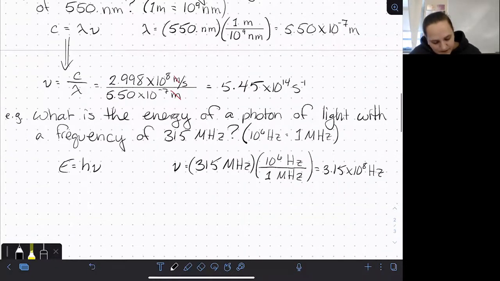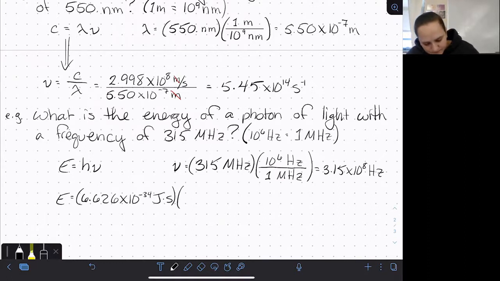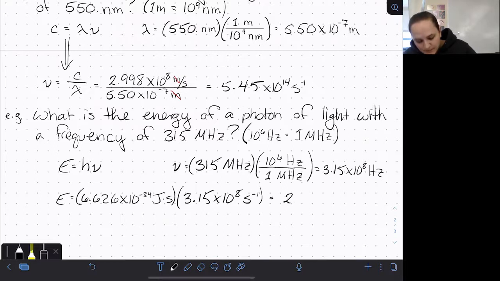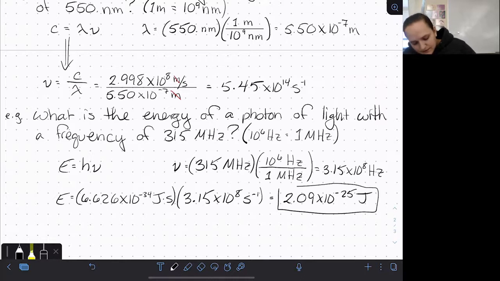And now that can get plugged in along with our value of H, which was 6.626 times 10 to the minus 34 joule seconds. The frequency we just found in hertz, which is the same thing as inverse seconds, was 3.15 times 10 to the 8th. So that gets an energy of 2.09 times 10 to the minus 25th joules.